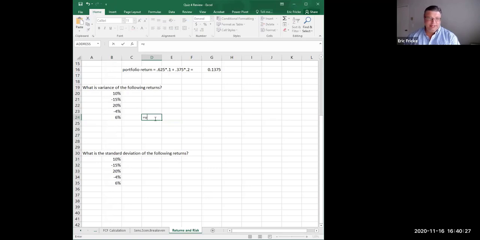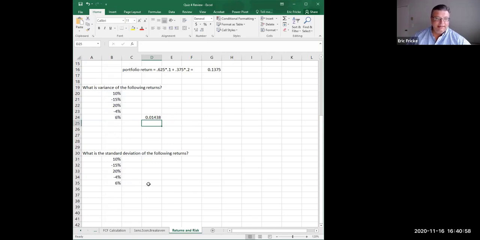We just use the variance for the population formula. When you type in VAR for variance, it's the first one that comes up, VAR.P. If you double click on that, it inputs the formula. Now you just have to select the range that your data is in and then put in an end parenthesis. And that gives you your variance.